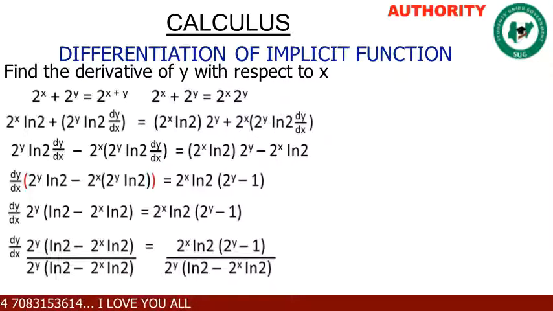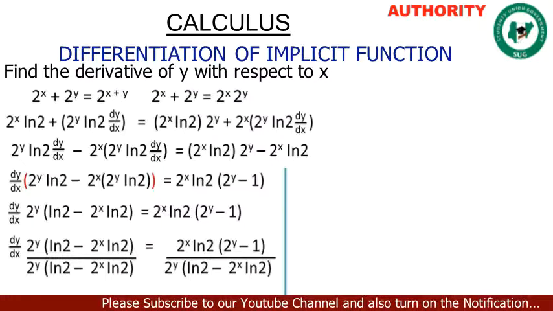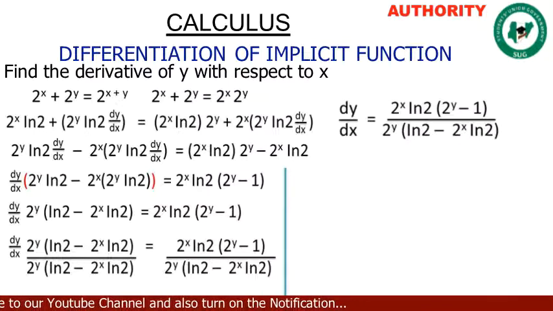We are going to have dy all over dx is equal to 2 raised to power x ln 2 open bracket 2 raised to power y minus 1 all over 2 raised to power y open bracket ln 2 minus 2 raised to power x ln 2.